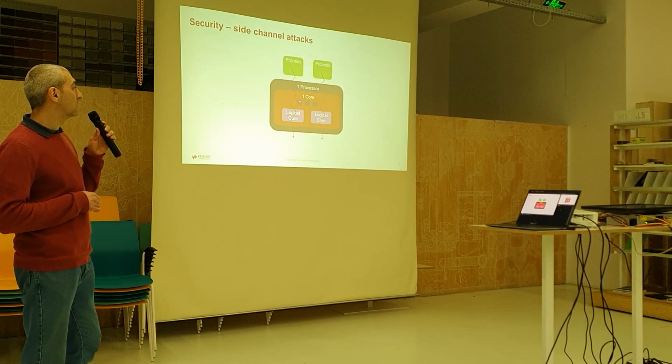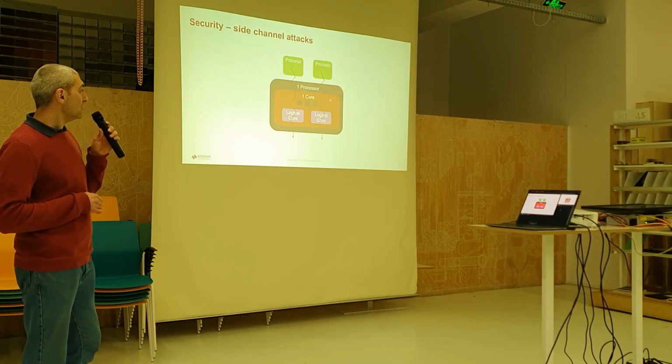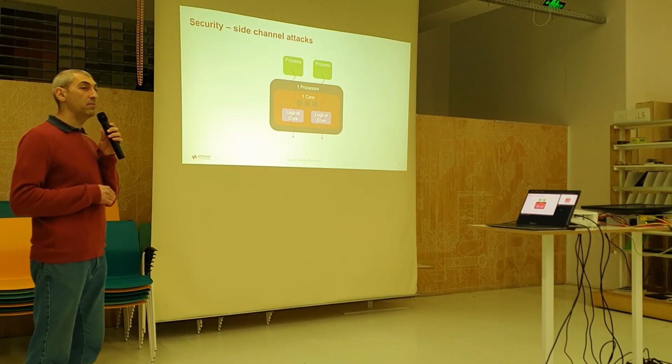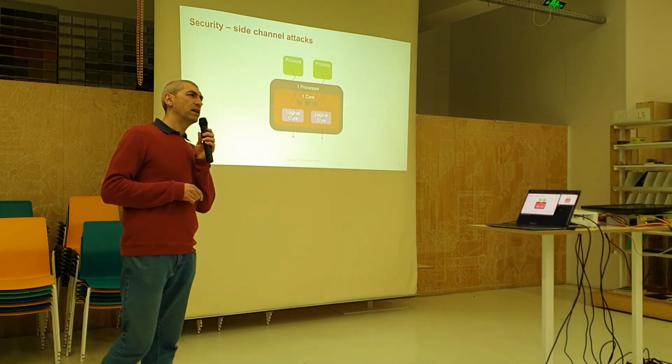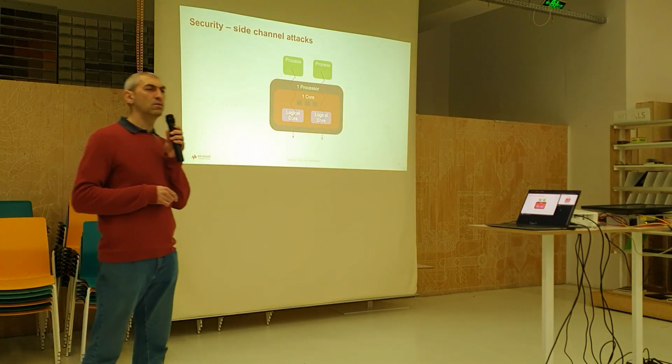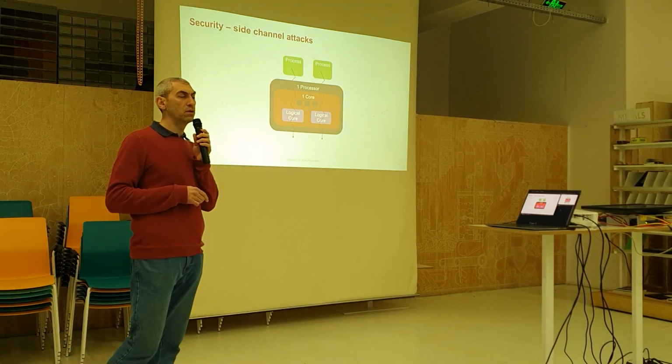It has to wait for the legit program to complete, and then it can make timing measurements and use them to figure out what encryption algorithm you use, or who knows.